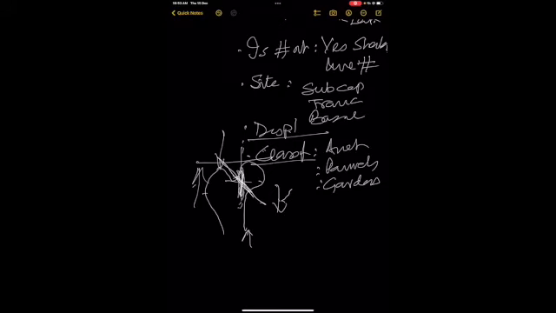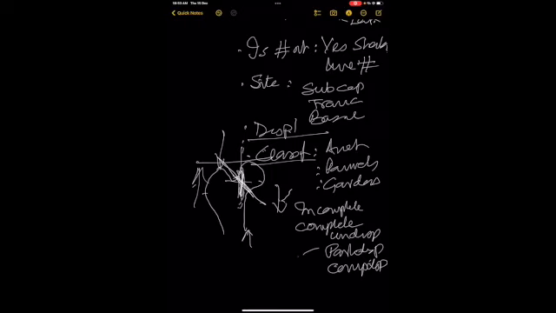Garden's classification: incomplete, where both cortices are not broken. Complete: undisplaced, partially displaced, completely displaced. The partially displaced and completely displaced you find out as follows.